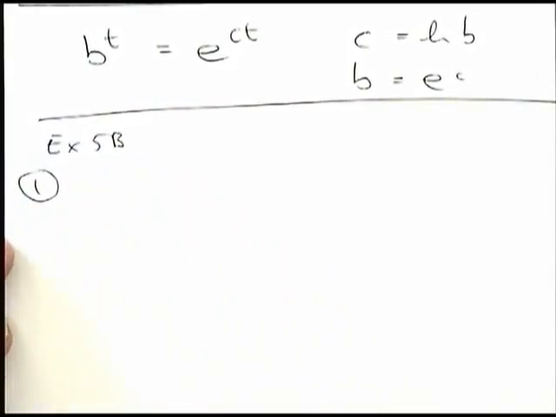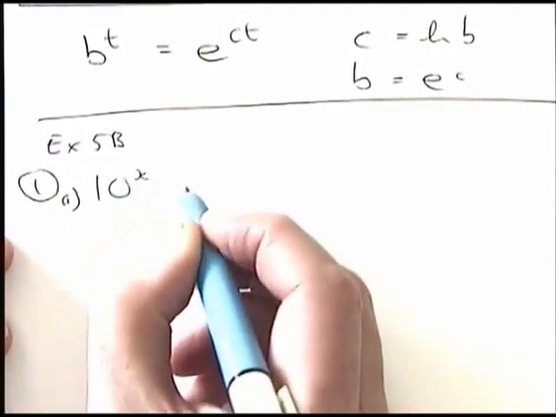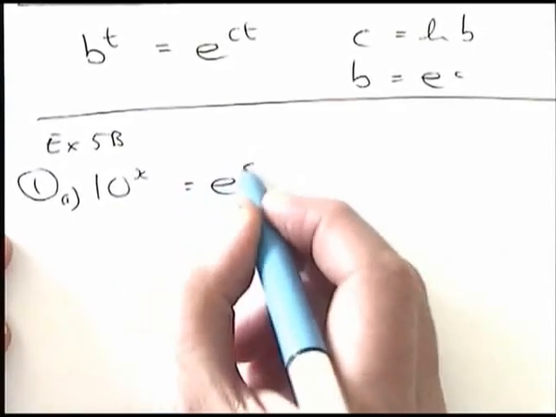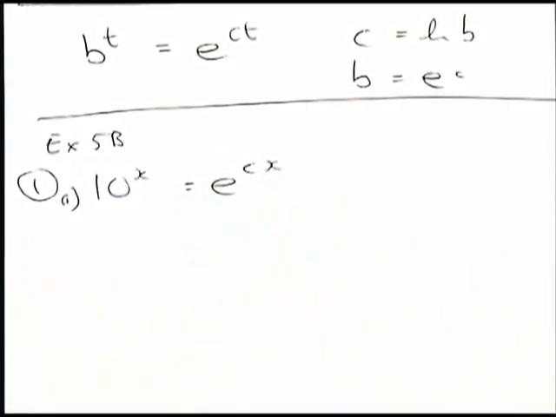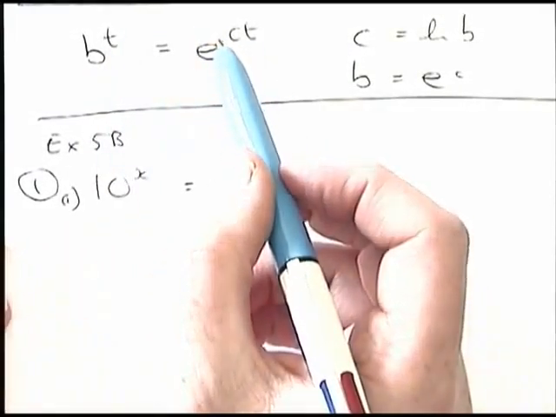And in question 1, they want us to write down, in part A anyway, 10 to the power of x in the form of e to the cx. Okay, so from doing what we've done so far, we've got this rule up here, and this is effectively what we're doing.